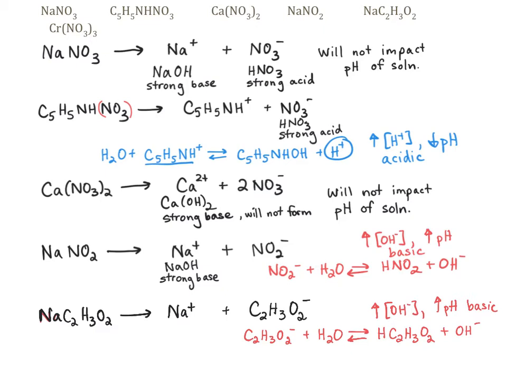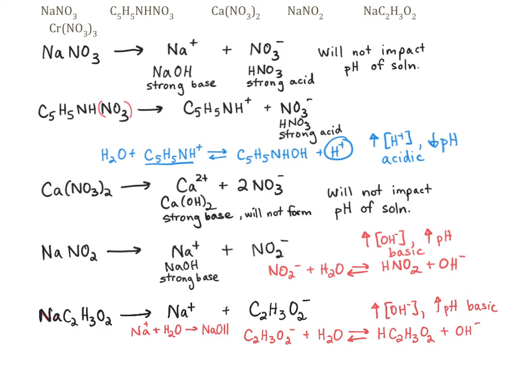And again, just to reiterate, the reason we're not paying attention to sodium is if we put sodium in water and we tried to say, okay, well, that will make sodium hydroxide. Well, that reaction just is not going to happen, because the sodium ion does not recombine with hydroxide to make NaOH.